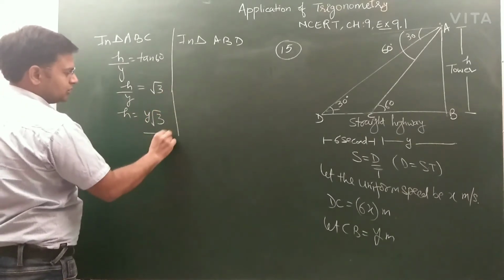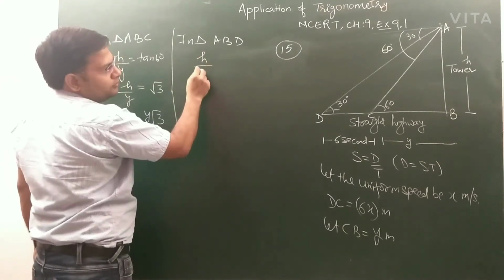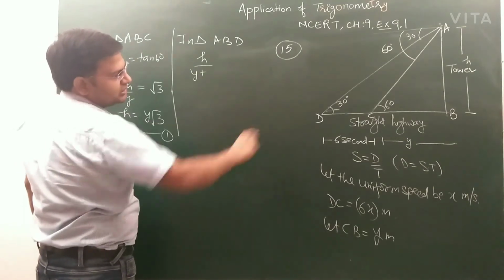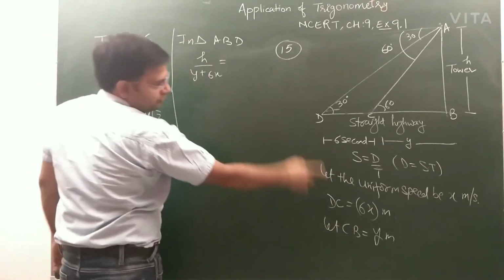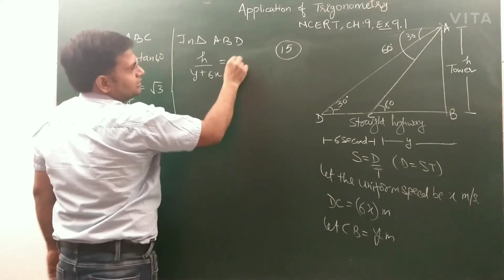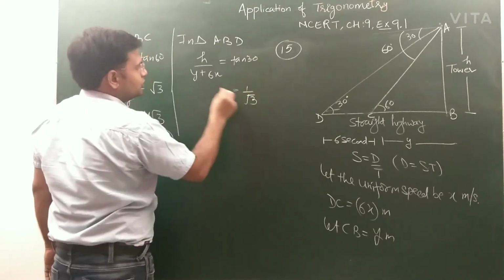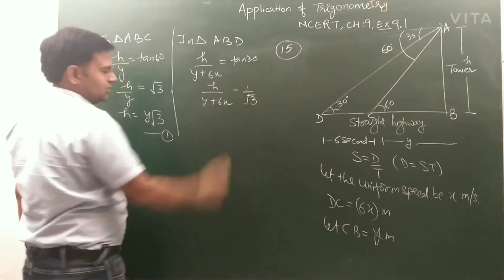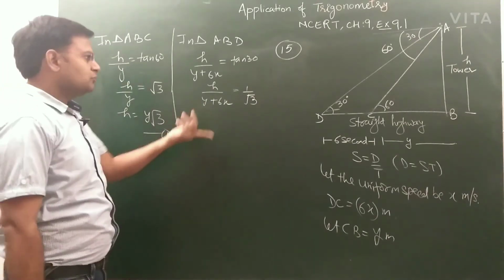Mark this as equation 1. In the bigger triangle, h upon y plus DC, which is 6x, is tan 30 degree. Tan 30 is 1 upon root 3, so h upon y plus 6x, and we have to find y in terms of x.